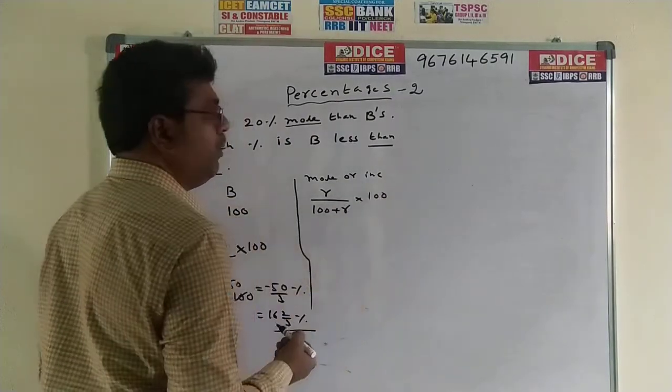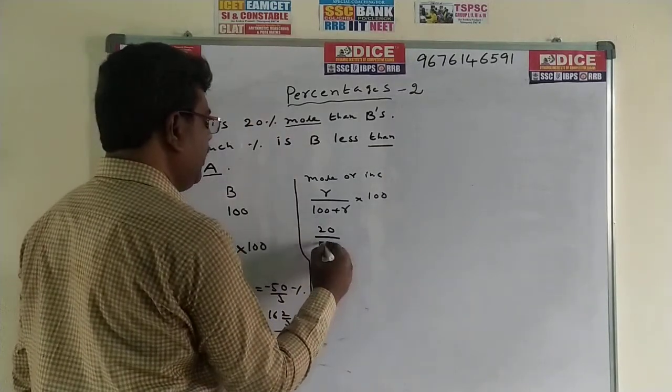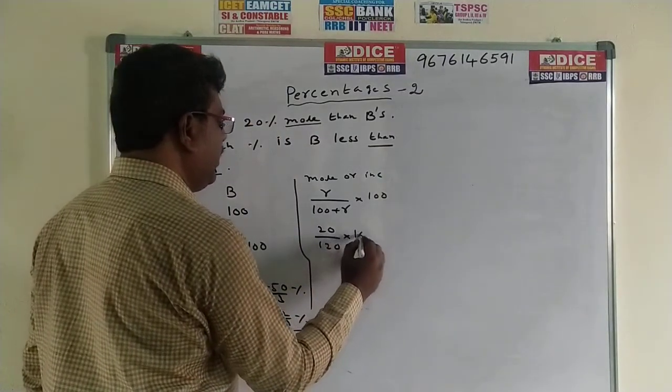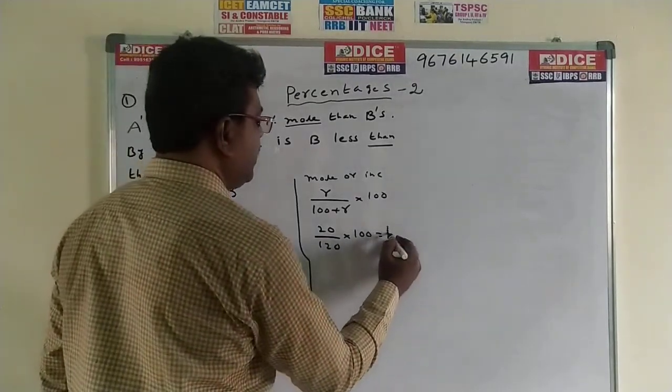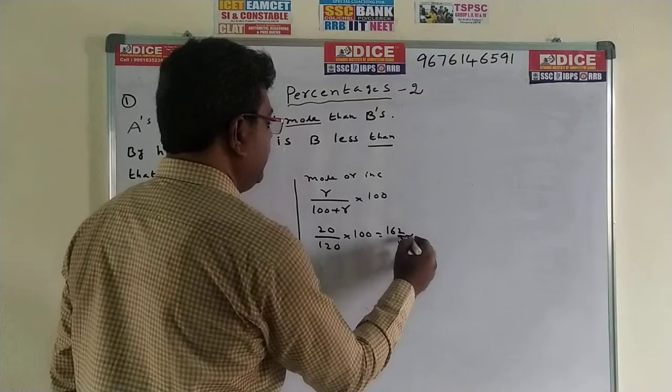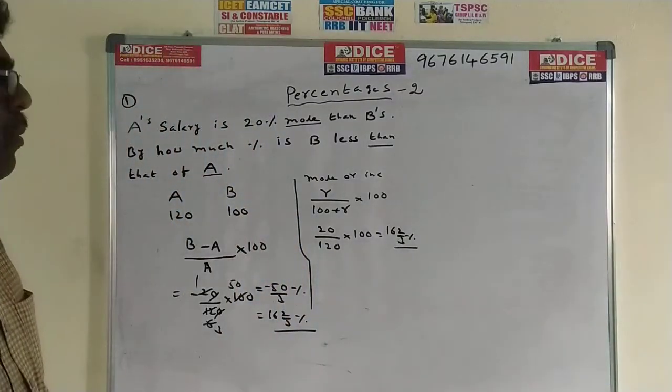This is the shortcut formula. R means 20%. 20 by 120 into 100, you will get the last line, 16 2/3%, the required answer. This is another method. You can use this method or that method, it depends on your capability.